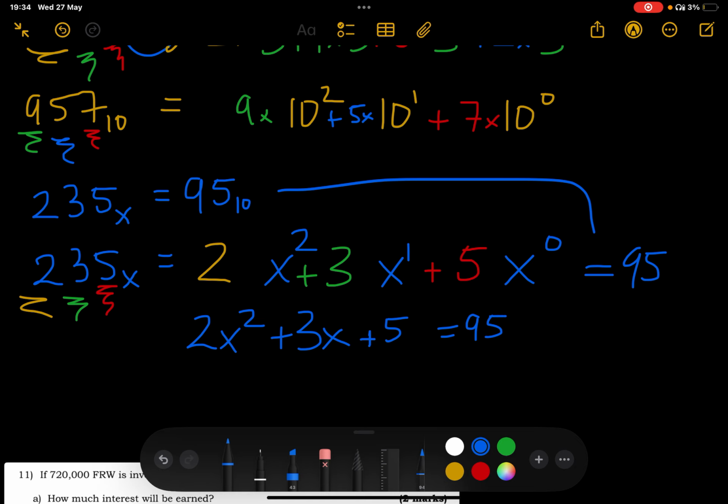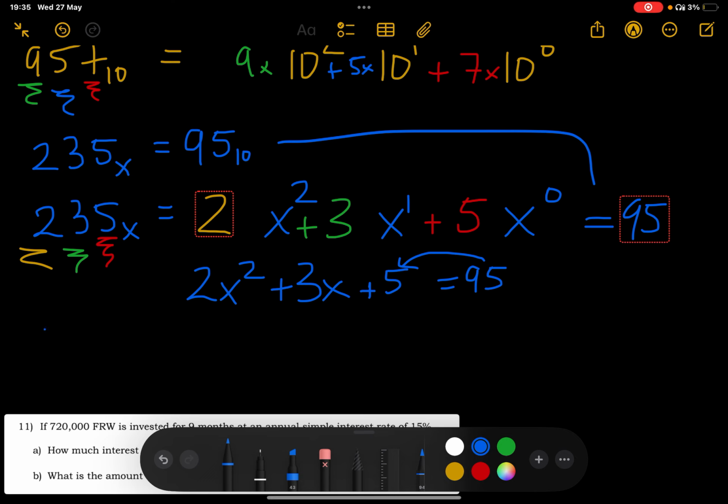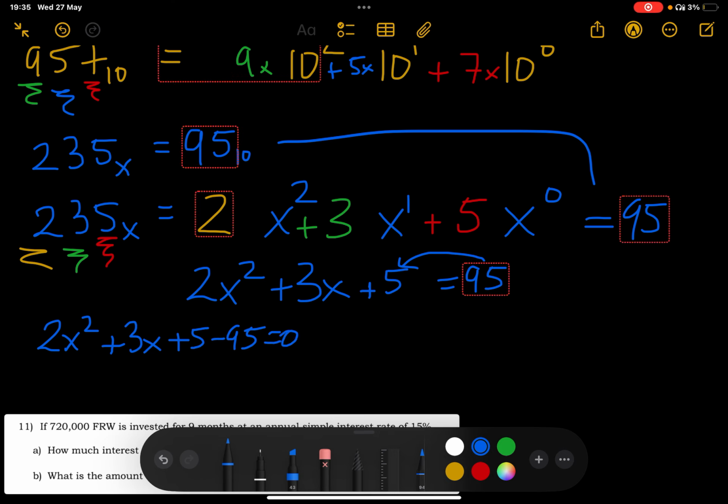This is a quadratic equation, so we're going to bring this over. 2x squared plus 3x plus 5 minus 95 equals 0. So we have 2x squared plus 3x minus 90 equals 0.